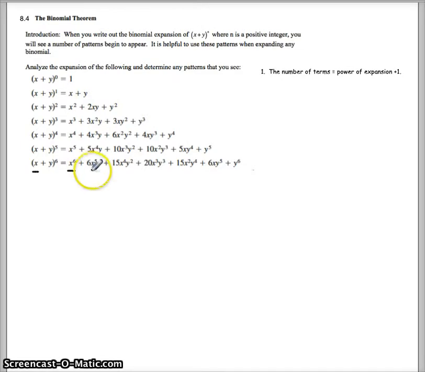The following terms contain x to the 5th, x to the 4th, x to the 3rd, x to the 2nd, x to the 1st, and finally x to the 0. The second term in the binomial is y. In the expansion, the first term has y to the 0, then y to the 1st, y to the 2nd, y to the 3rd, y to the 4th, y to the 5th, and y to the 6th.